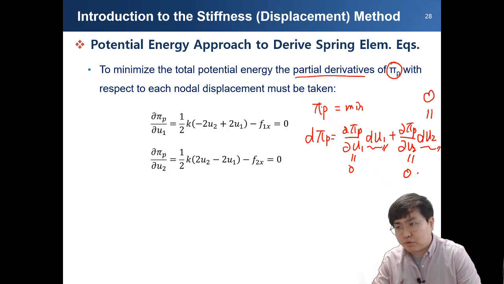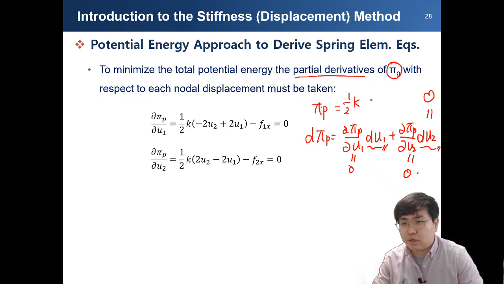This is the result from the previous chapter. We have an equation like u2 minus u1 squared, maybe minus f1x, not x, u1 minus f2 u2 equal to 0, not yet.